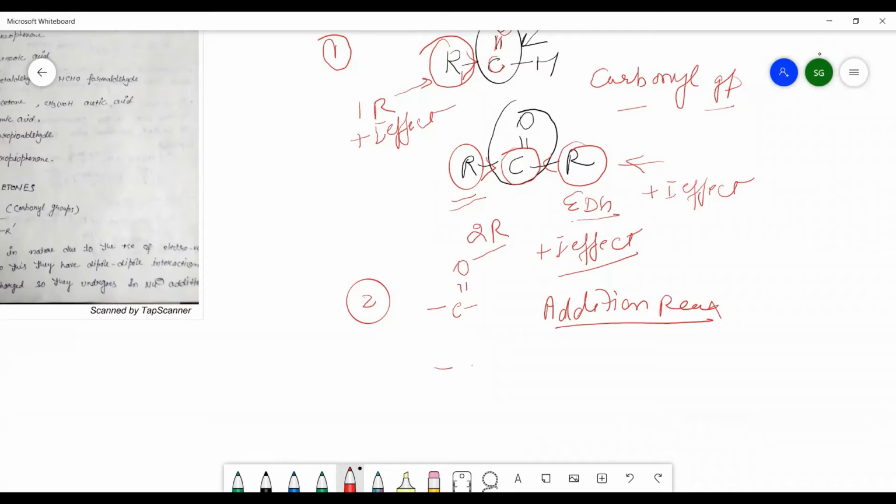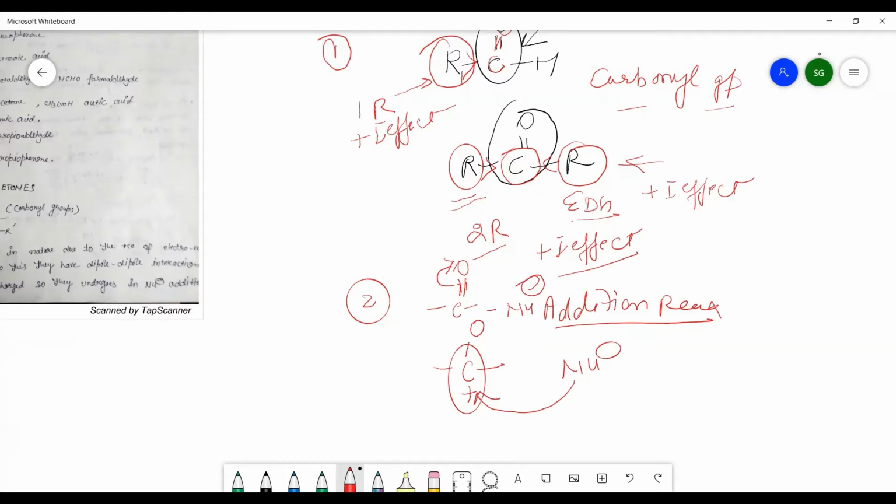The oxygen atom is more electronegative than the carbon atom, so it gets a negative charge and the carbon gets a positive charge after the dispersion of the pi electrons. Because of that, the carbonyl carbon holds the positive charge, so the nucleophile will attack on it and it will make the nucleophilic addition reaction.